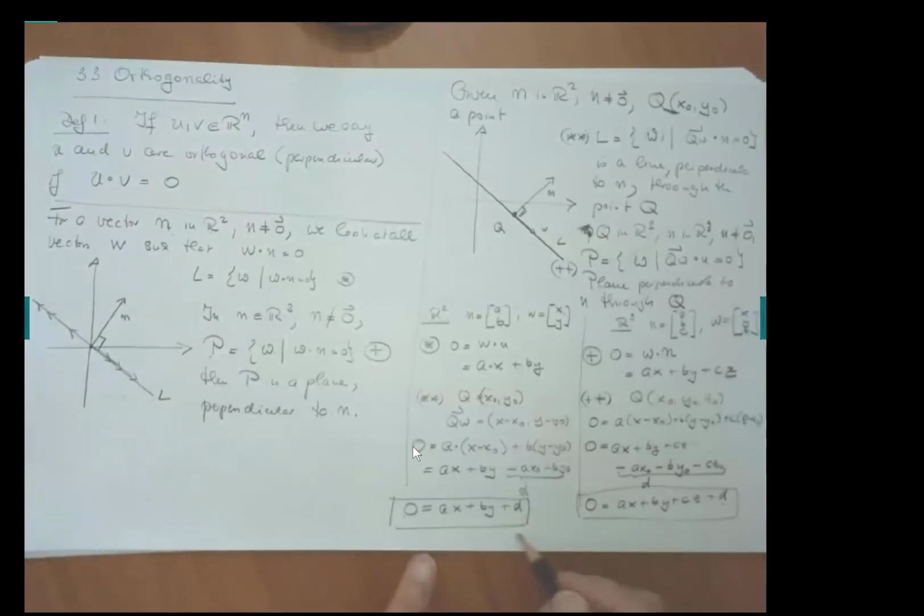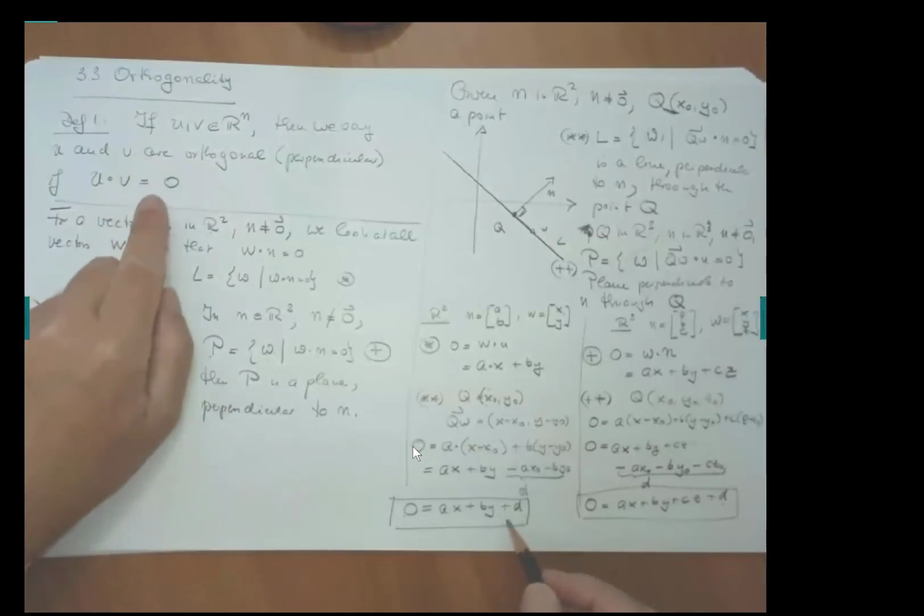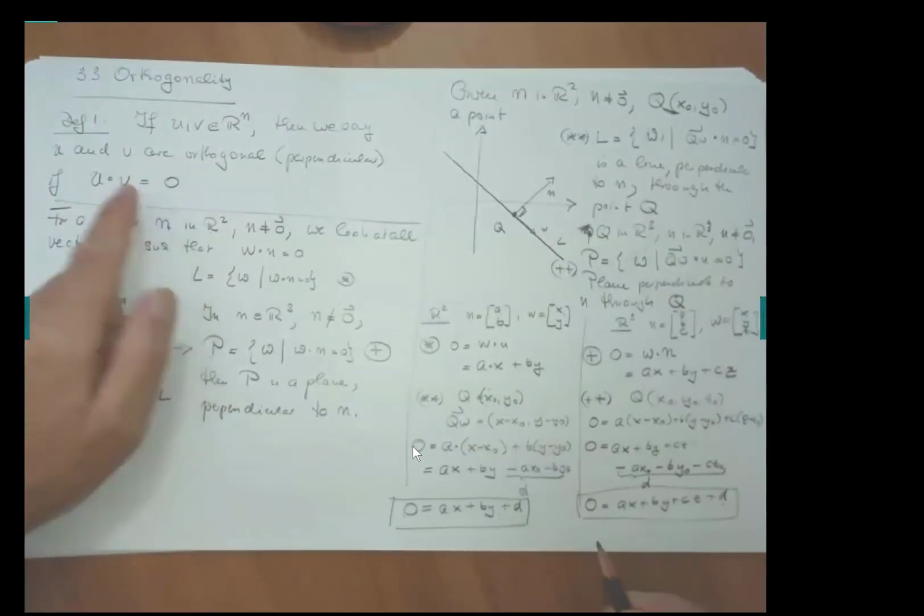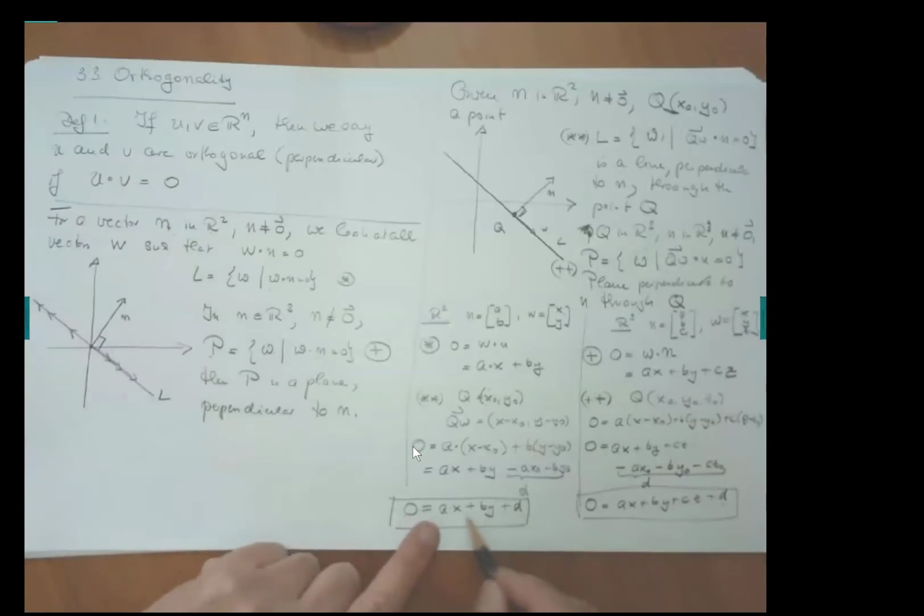Okay, so the point is now, when you think about it, what it actually means after having the inner product or the dot product, we understand a little bit how to interpret an equation. So we see, oh, these coefficients are actually coefficients of a normal vector.